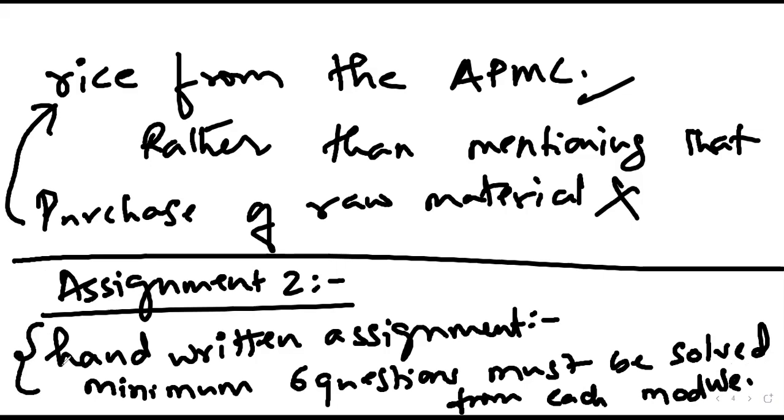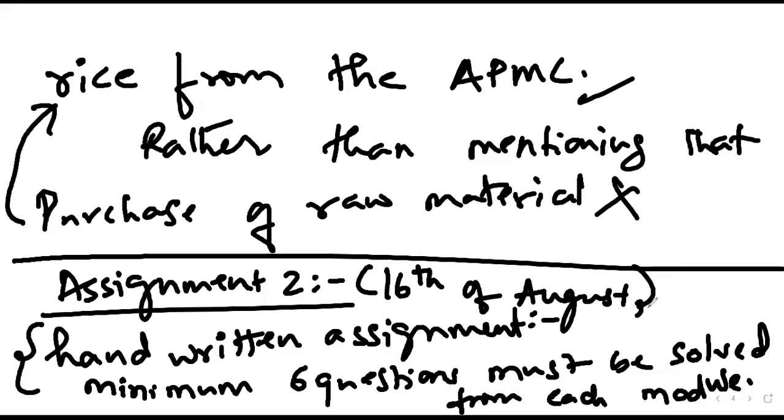Now, the deadline for the handwritten assignment would be the 16th of August. Why? Because in the first week of September we are winding up the semester. By the 16th of August, see that you are submitting the assignment, as a soft copy.